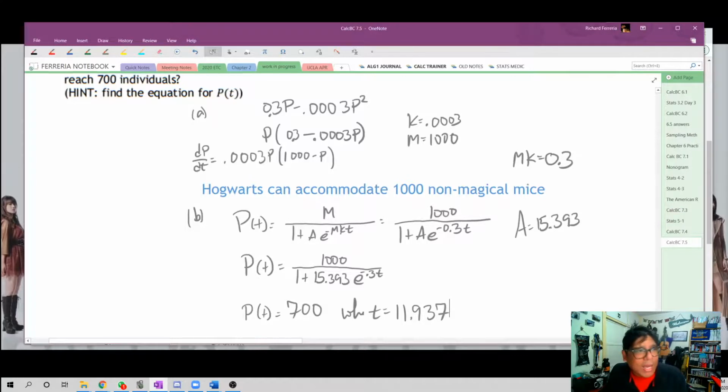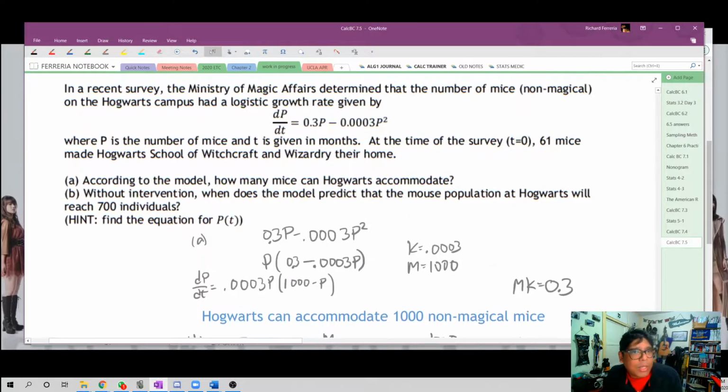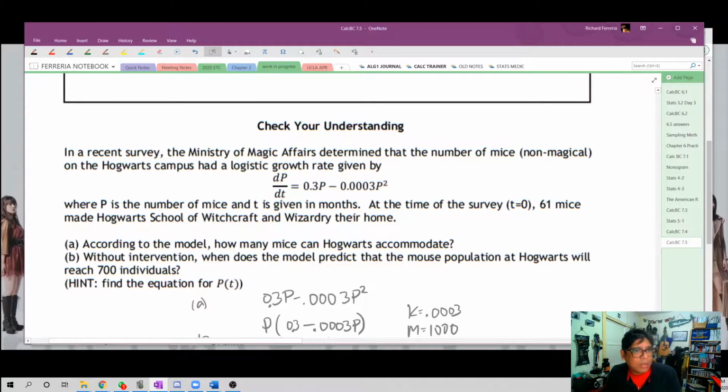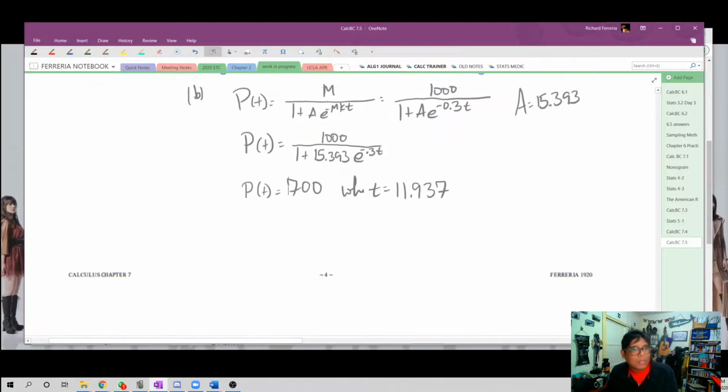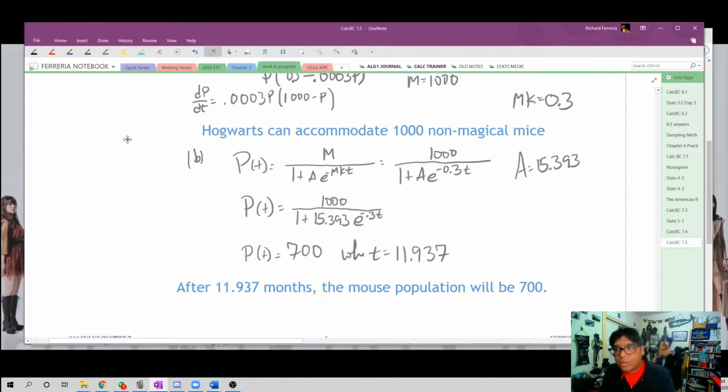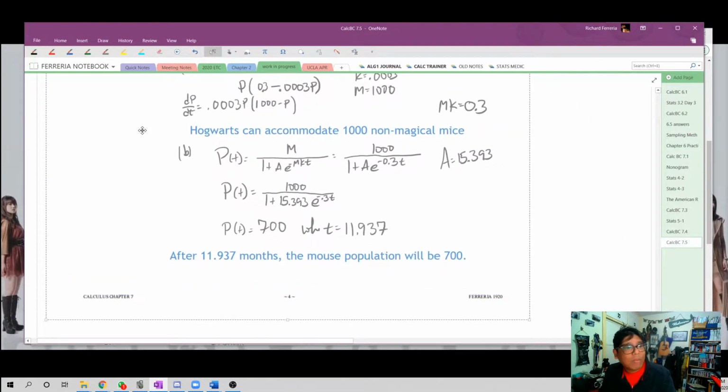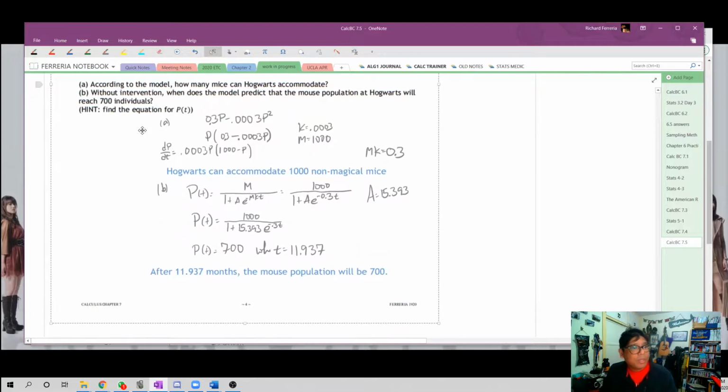Let's read again to figure out a unit here. T is in months. So after 11.937 months, the mouse population will be 700.